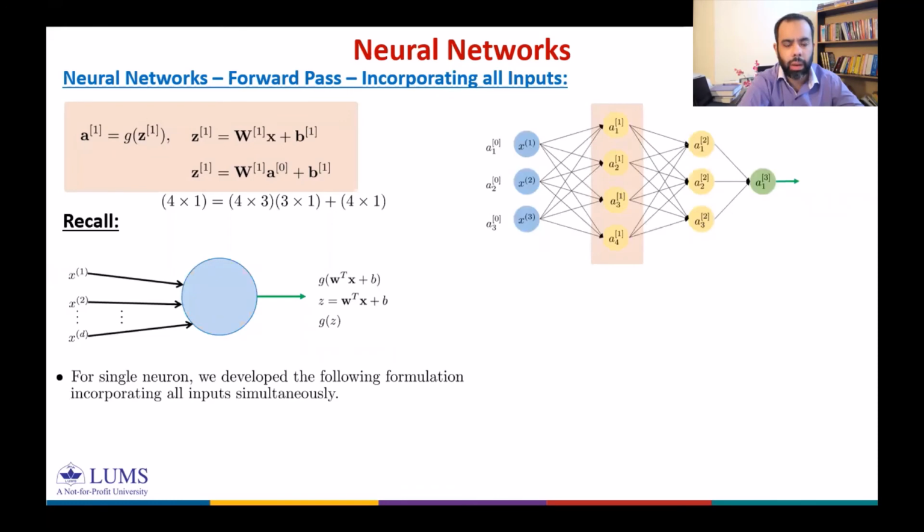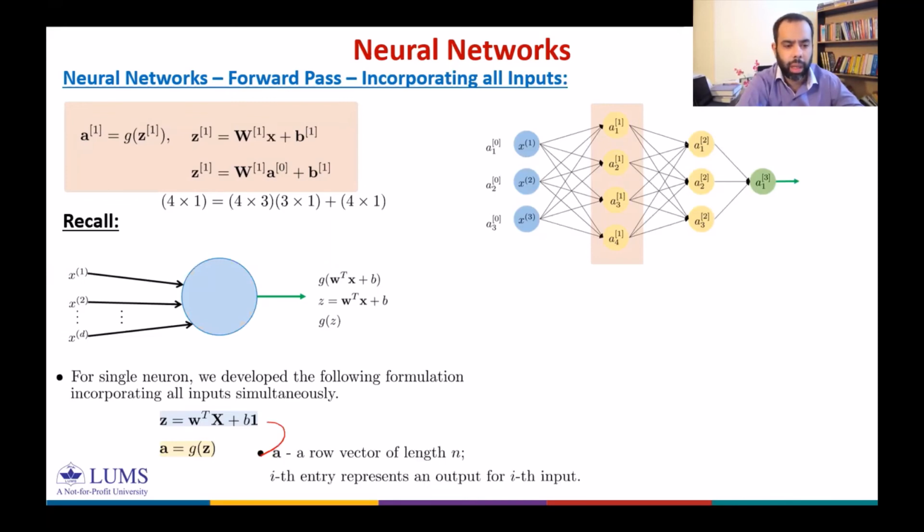And if we stack all the inputs in a matrix capital X, we obtain this formulation for n inputs, where A is a row vector of length n, and the ith entry of A represents the output for the ith input.